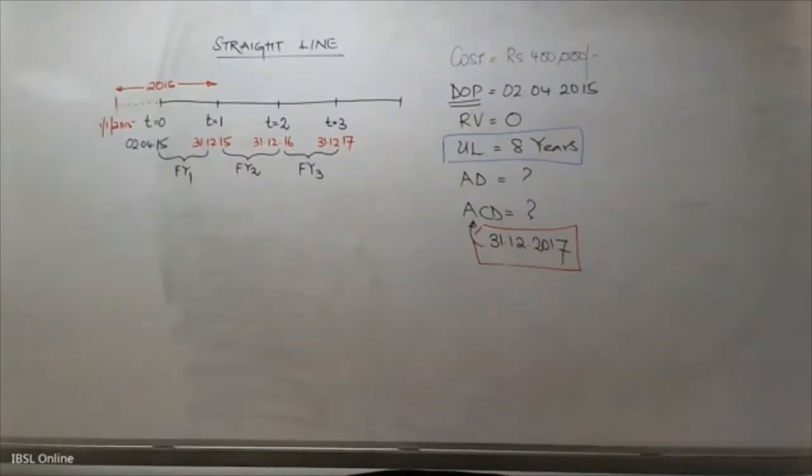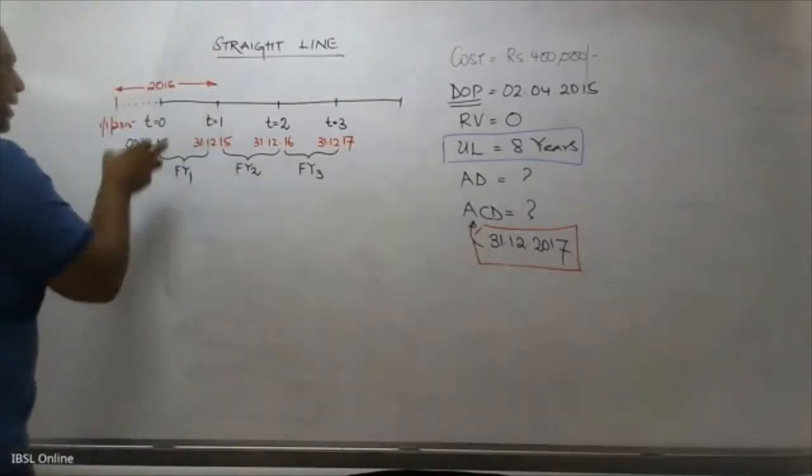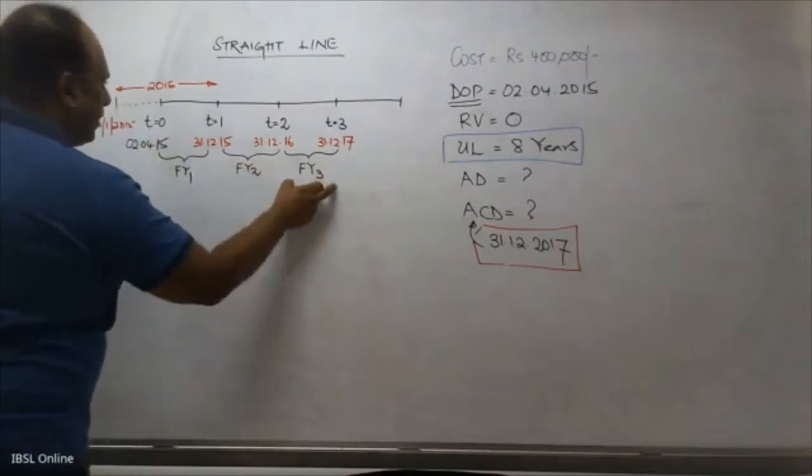If you have a question, you have to ask, because it is the same principle which is going to apply throughout for other questions and other methods as well. So you need to be very clear on this. How do I determine the financial year? Depending on the financial year, how do I break the time periods?